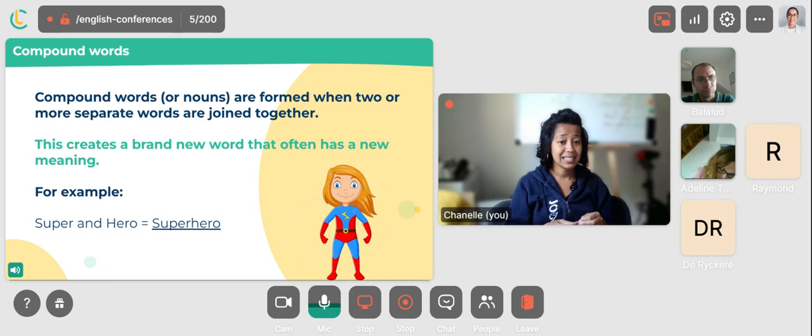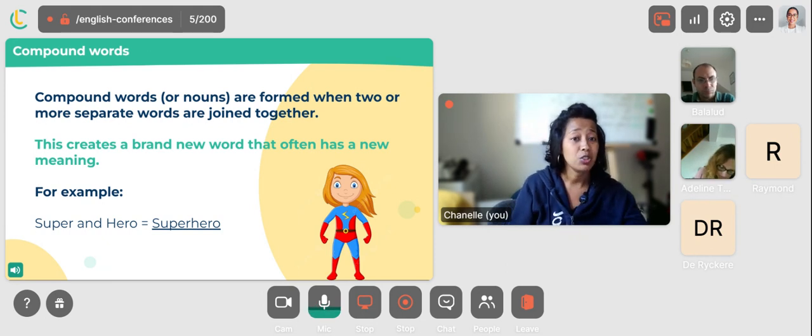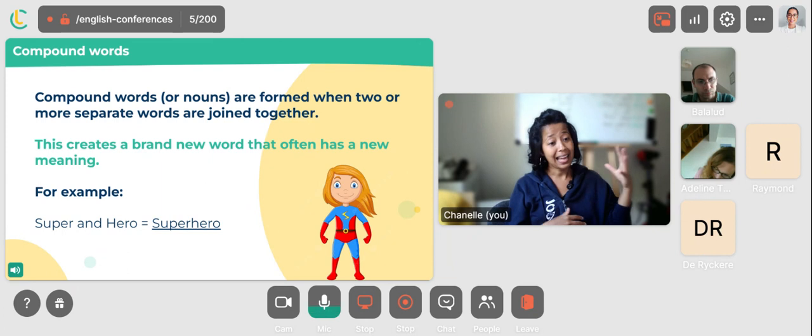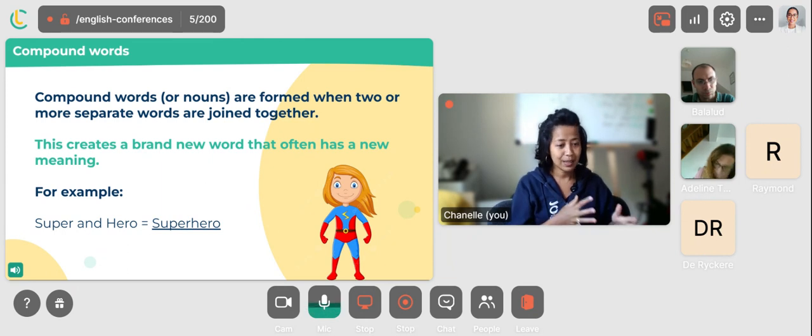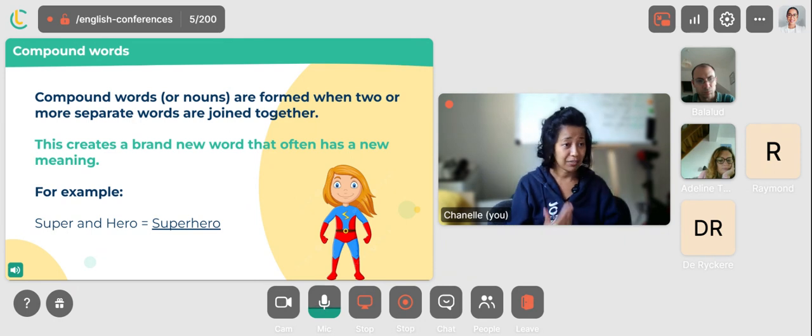This creates a brand new word that has a new meaning. For example, we have the word super and hero, and together it is superhero. Okay? So, you know that super, c'est super, et hero, c'est héros. Et quand on met ensemble, it creates the word superhero. That is the definition of a compound word.